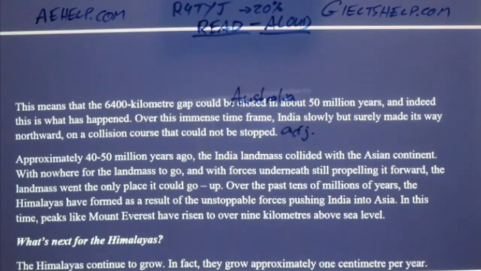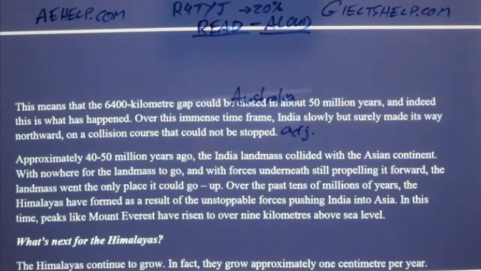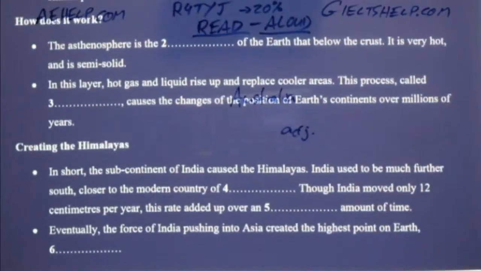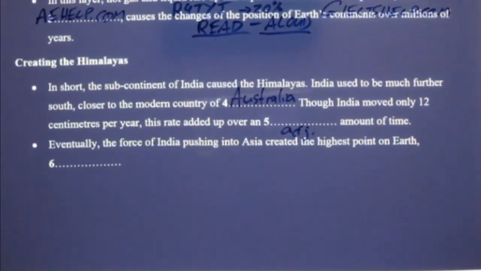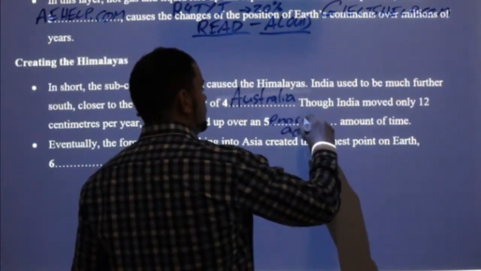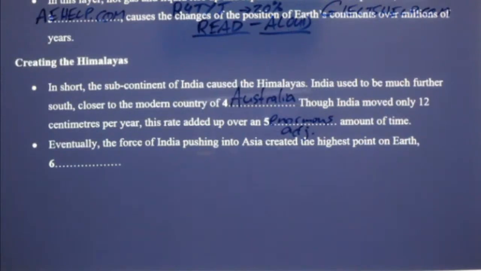I think enormous and immense, either of those two words are okay, right? So here we go. Enormous amount of time. Sure, enormous or immense, both of those would be okay here.